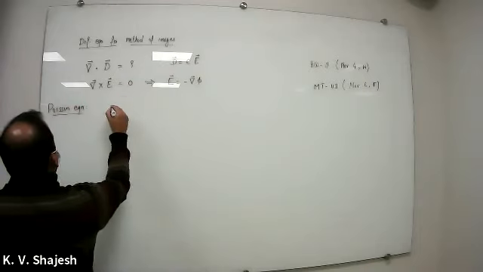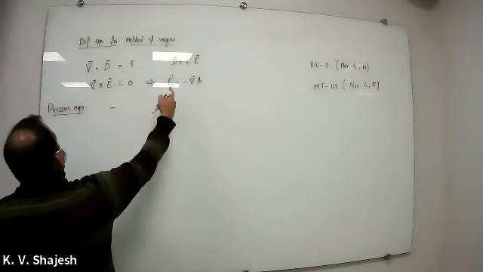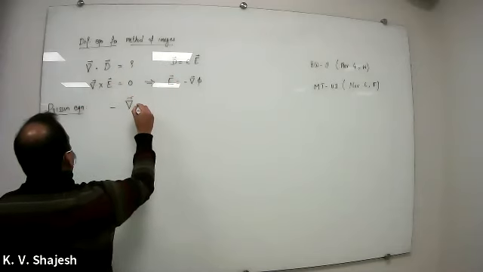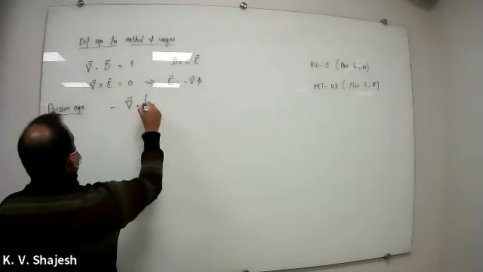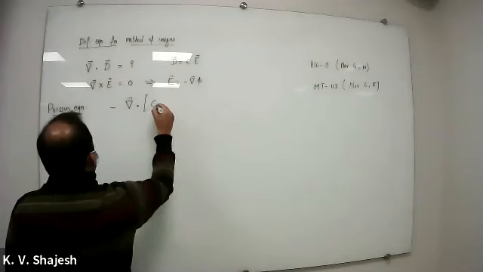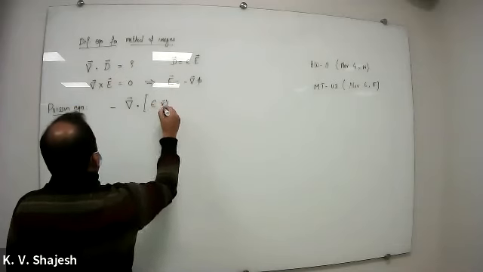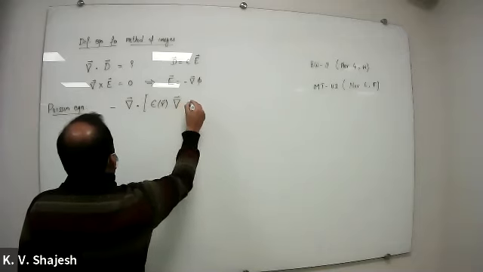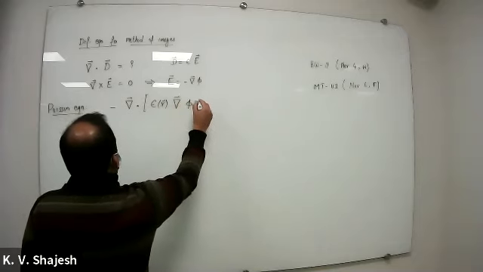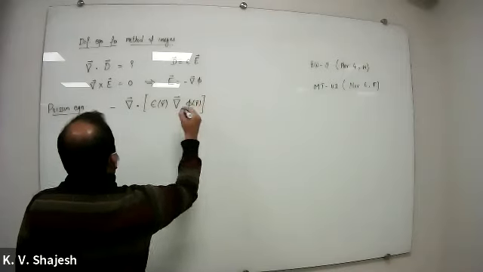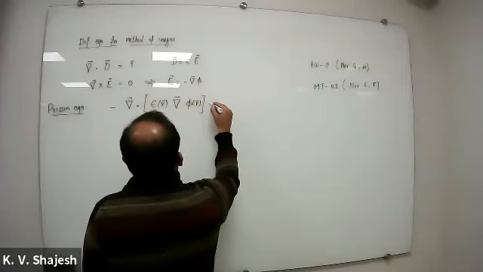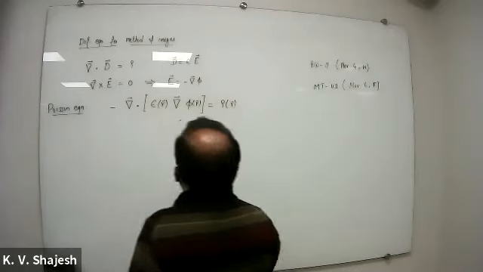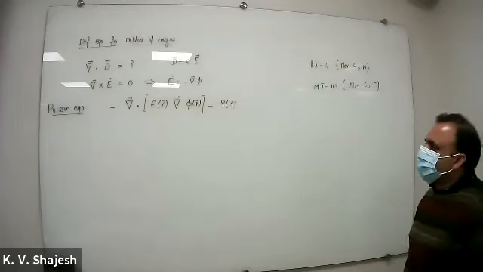If I substitute this, D is nothing but epsilon times gradient phi.